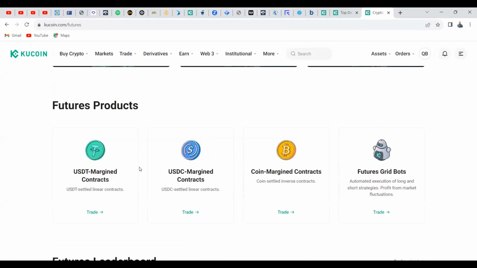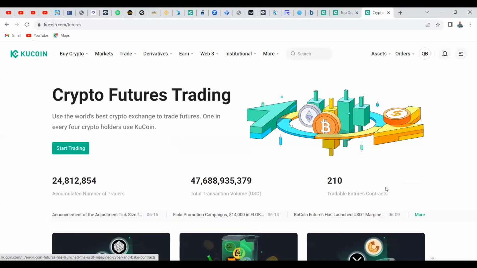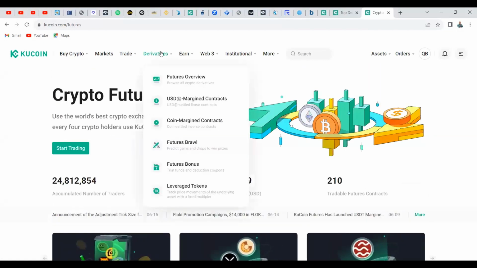You can see all of these products that KuCoin offers. You've got USDT margin contracts, USDC margin contracts, coin margin contracts, as well as the futures grid bots over there. So this would obviously be a futures overview if you wanted to look at that.